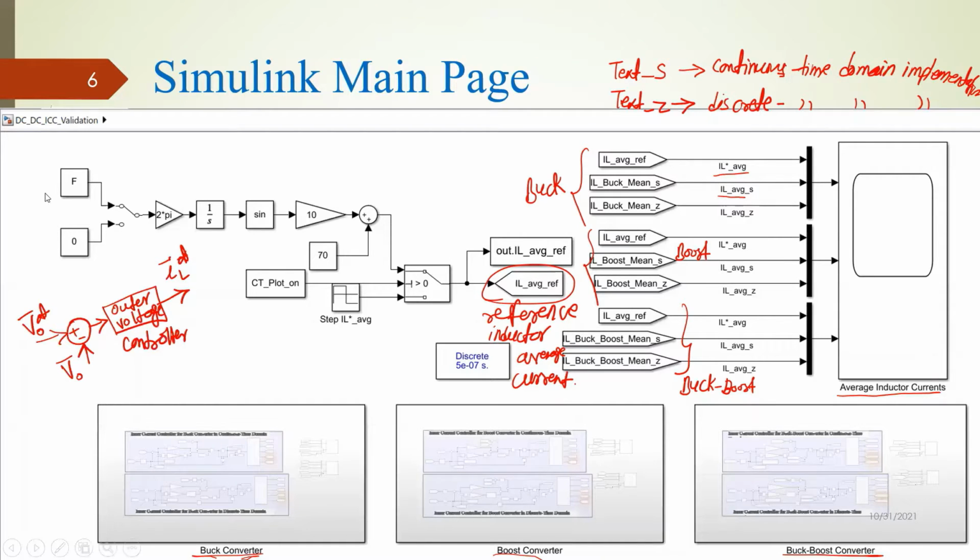But since we just want to test the current controller, we have simplified our circuit by replacing the output capacitor with a DC source, and hence we do not need to worry about controlling the output voltage.